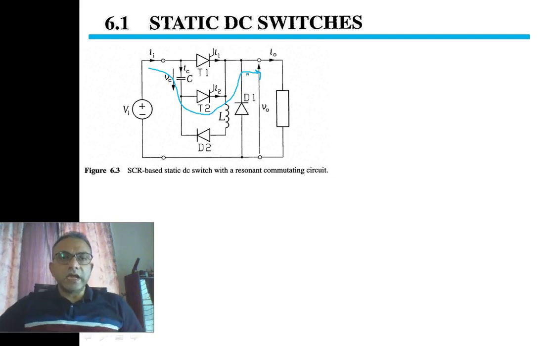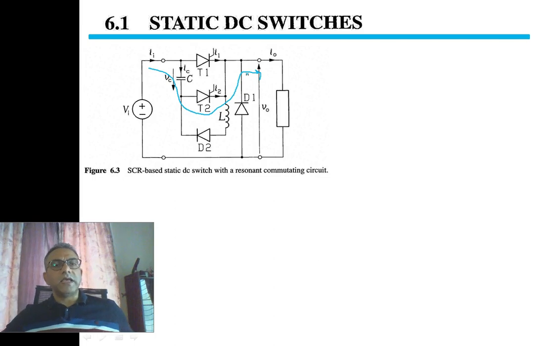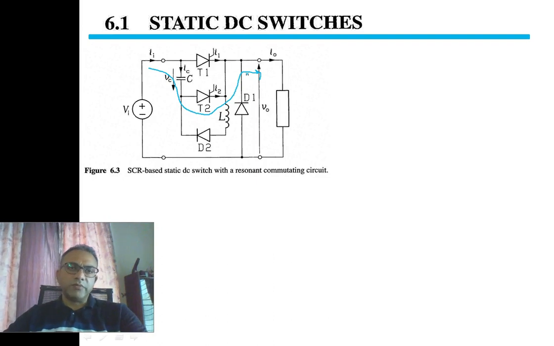Now the answer lies in the inductance, capacitance and D2 circuit. If we look closely, the capacitance C and the inductance L form a second order system. We design capacitor C and inductance L so that we get an underdamped response.